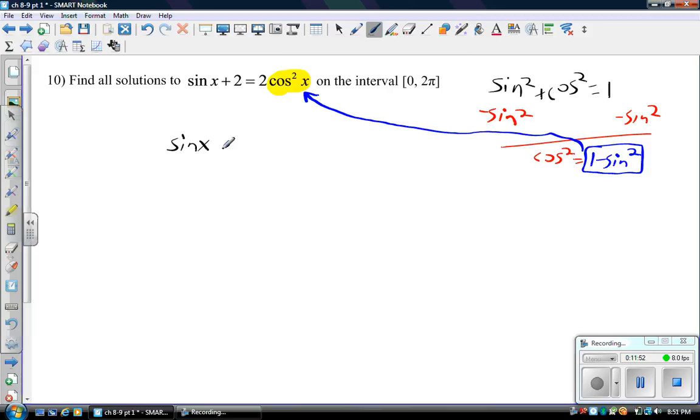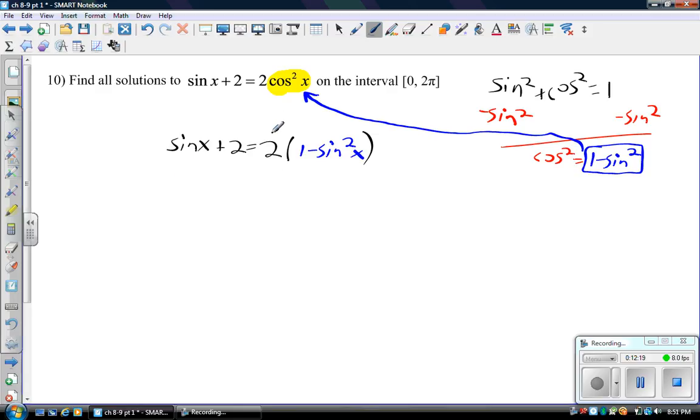Sine x plus 2 equals 2, and now again I'm substituting in 1 minus sine squared of x. Okay, so now at least I'm not comparing apples to oranges. I've got apples to apples. Only sines are in here, so only one variable called sine is in here.